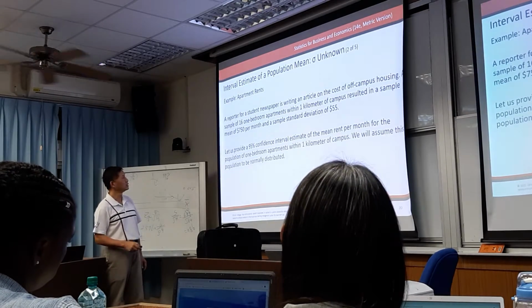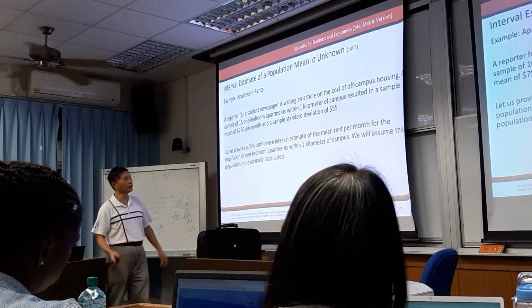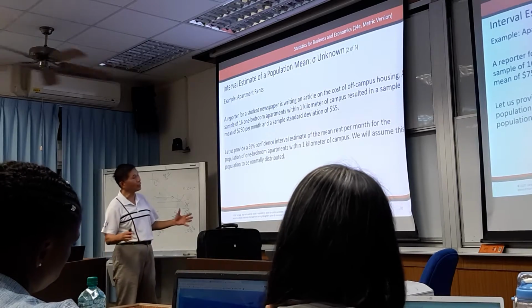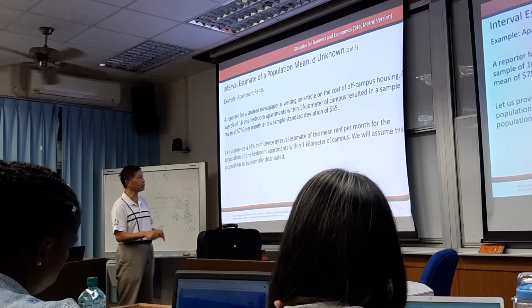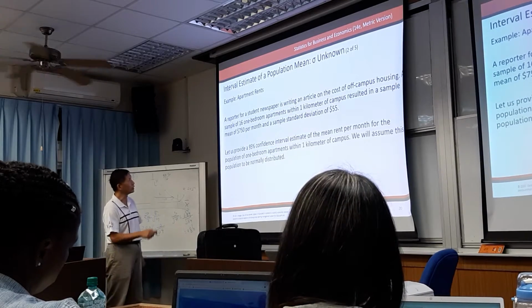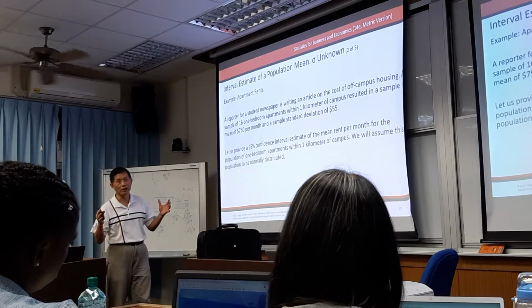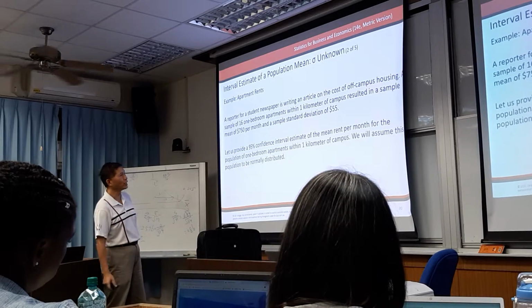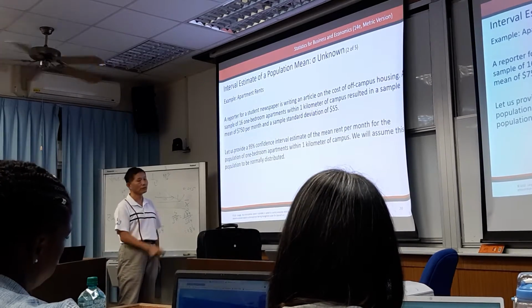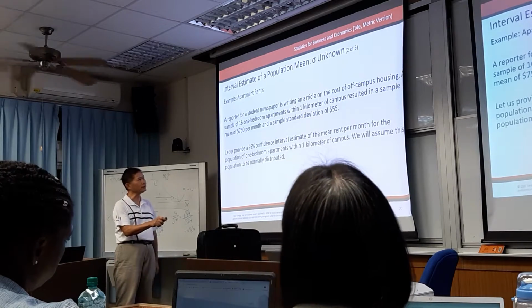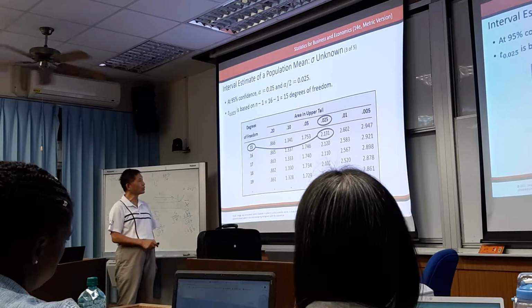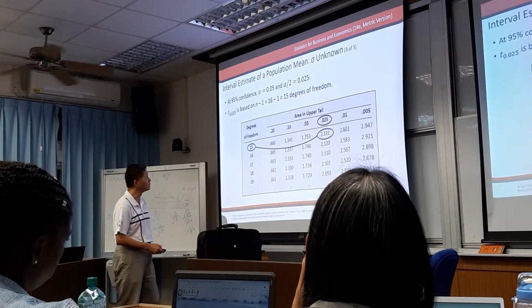There is a problem here. You are interested in the average rent near the campus, within 1 kilometer. They check 16 apartments, and the average rent is $750. The sample standard deviation is $55. They are looking for 95%.